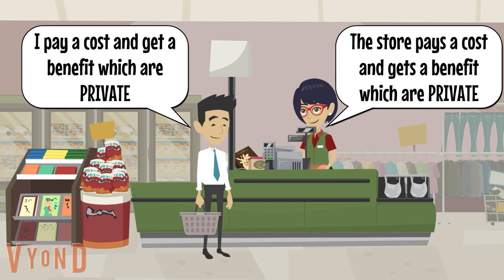So when you go to the grocery store and buy beef, milk, vegetables, or something canned, there are costs and benefits to you and costs and benefits to the store, but those are private to us, the buyer and seller.